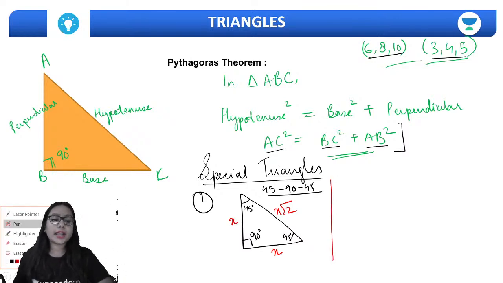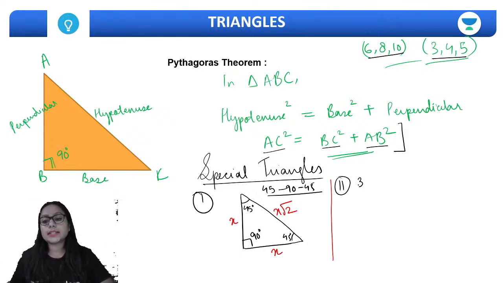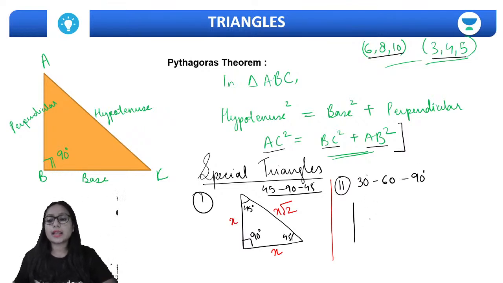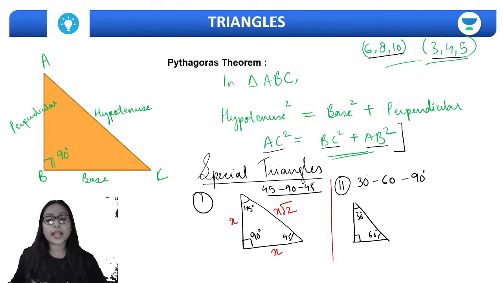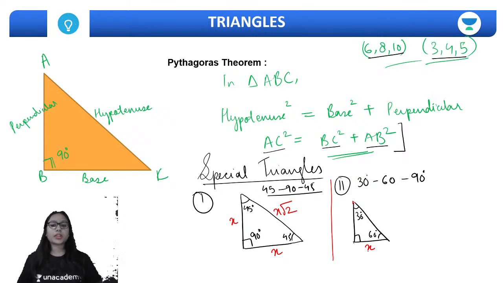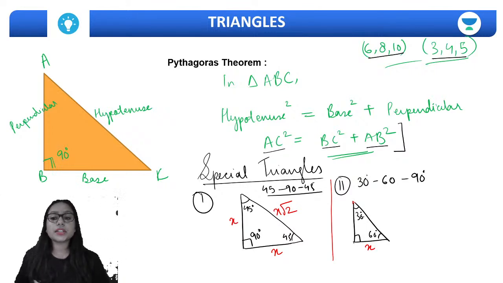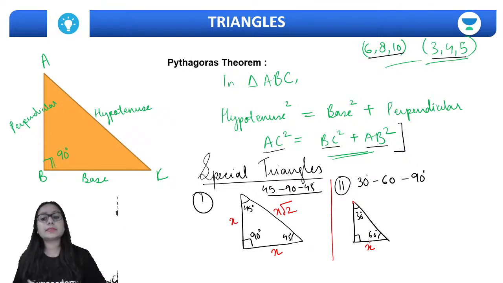Let's see the other type of triangle that we have. This triangle is the 30, 60, 90 triangle. Any right angle triangle in which the angles are 30, 60 and 90. If this is a 90 degree angle, let us take this as 30 degrees and this angle as 60 degrees. In this triangle you have to remember that the side opposite the 30 degree angle is x.